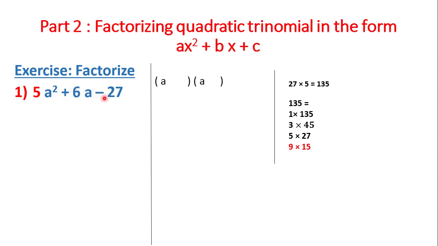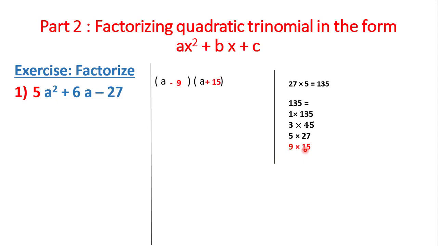The sign of c is negative. We said if the sign of c is negative, the two brackets have different signs. So one of them will be negative and one of them will be positive. The greater will take the positive sign. So I'll take negative 9 and positive 15.